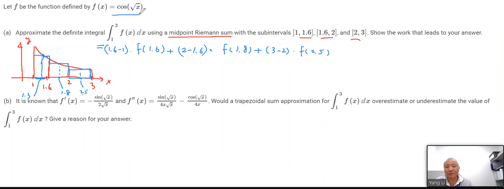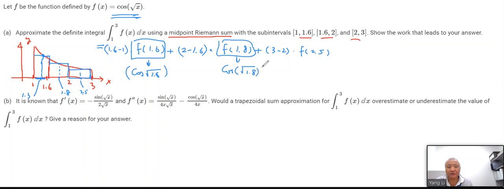But we know f(x) equals this, so you can put it as cosine squared of 1.3, substitute in, and this one will be cosine squared of 1.8, and this one will be cosine squared of 2.5, okay?